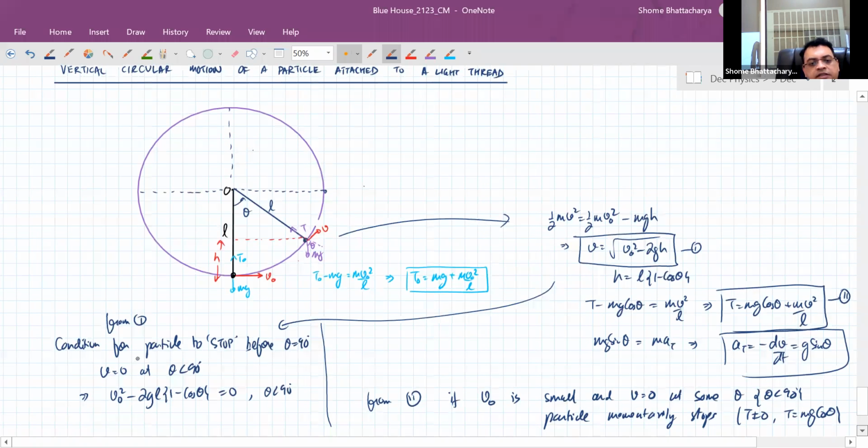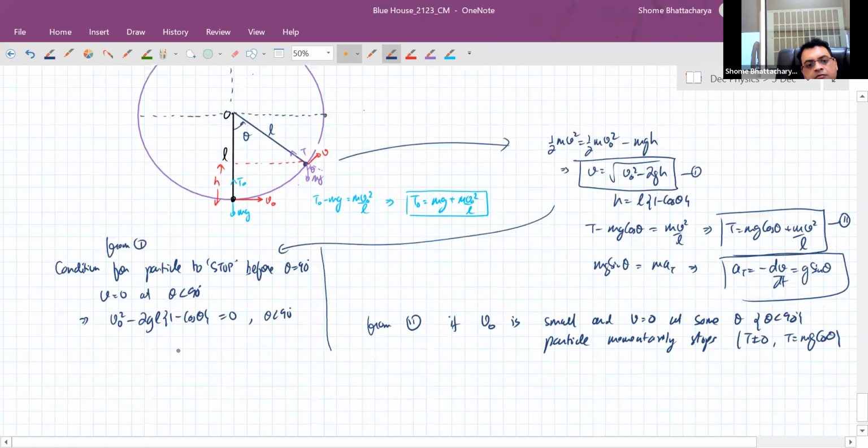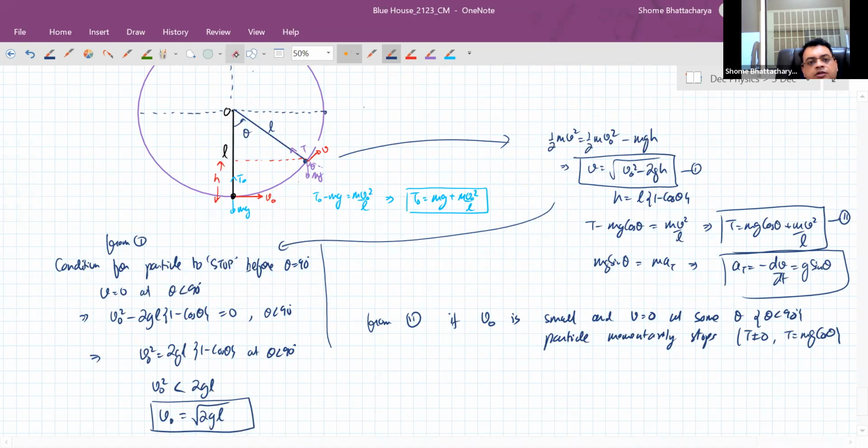That will give us the condition that v naught square should be less than 2gL, or we should give an initial speed at the bottom which is less than root 2gL, not equal to but less than. So this is the condition for it to stop before it reaches the 90-degree position.